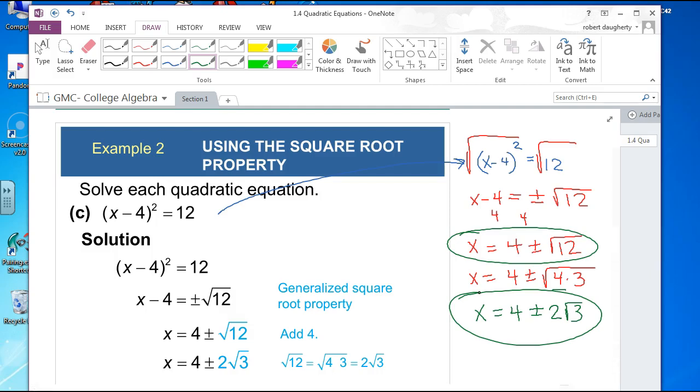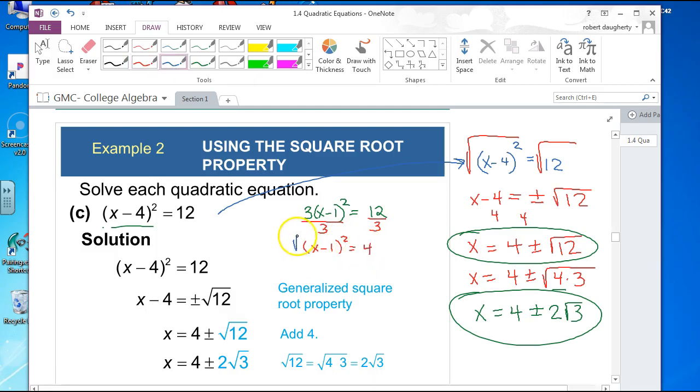So the key here was isolating the term that is squared. And remember, anytime you take the square root of something squared, you're going to have a plus or minus in your answer. What if we had something like 3 times (x minus 1) squared is equal to 12? First, I want to isolate whatever is being squared. Let's divide everything by 3, and I get (x minus 1) squared equals 4.